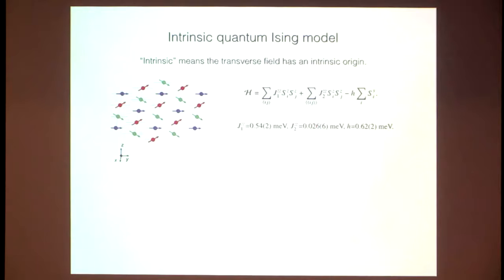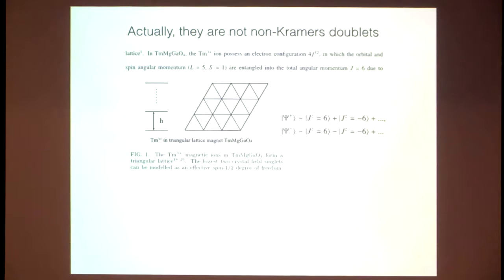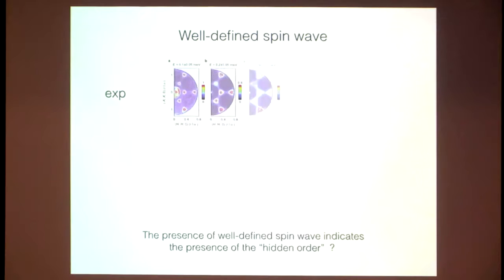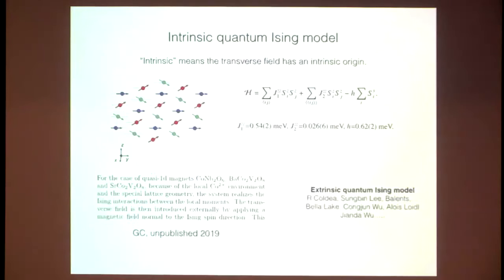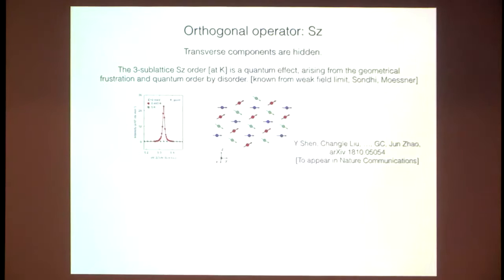After knowing the model, one can actually obtain all these excitation spectrums. So this is the comparison between theory and experiment. In this system, the orthogonal operator is the z component of spin.